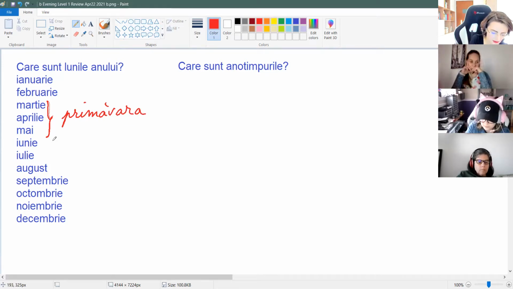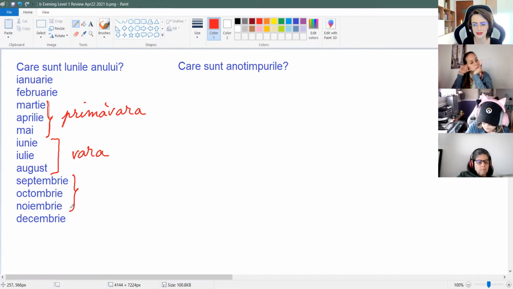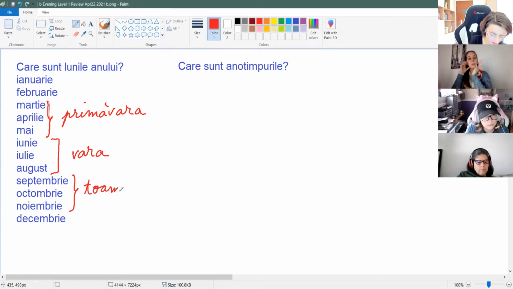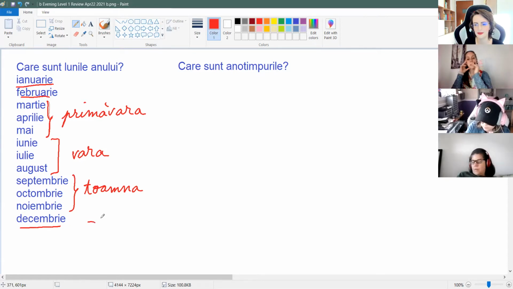Ce anotimp e în iunie, iulie și august? Vara. Ce anotimp e în septembrie, octombrie și noiembrie? Toamna. Și în decembrie, ianuarie și februarie este iarna.